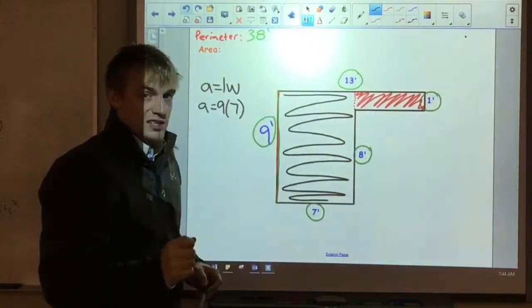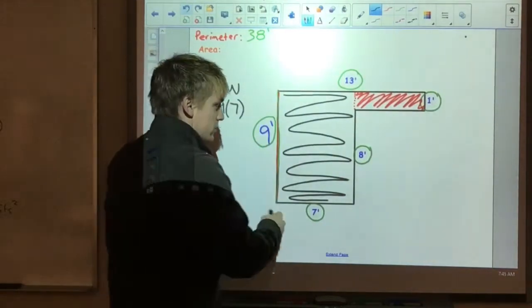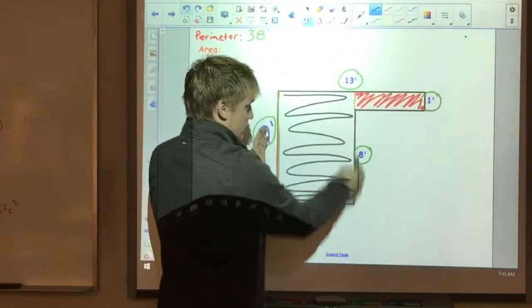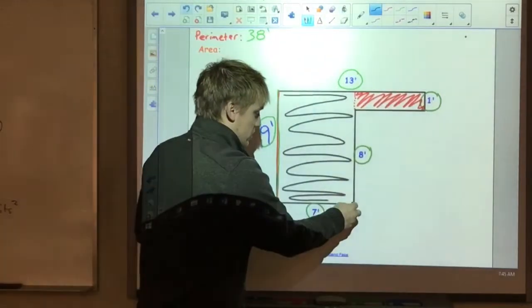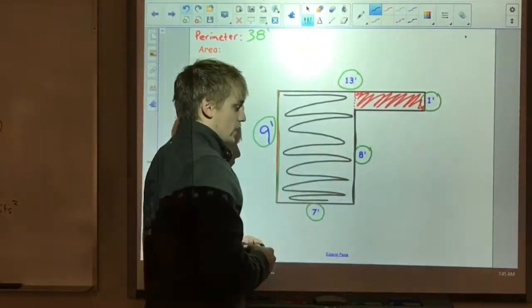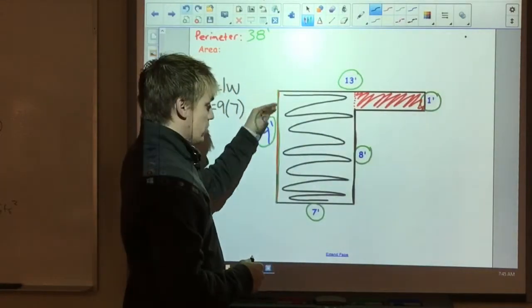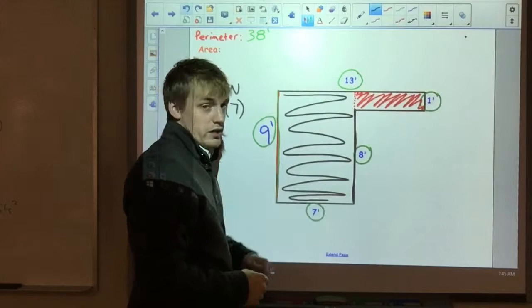The biggest thing is that you're taking the full length and the full width. If you were to say that the width of this rectangle was 8, you wouldn't be right, because this line doesn't go all the way to the top. It only goes part of the way. You need to take the whole length and the whole width.